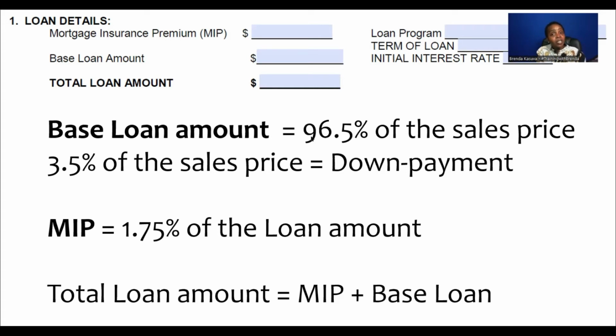That's my base loan. Once I have that base loan, I'm going to apply the MIP rate. Currently the upfront premium is 1.75%. So I'm going to do 1.75% times the loan amount, and then I'll have a number, and then I'll add the two to come up with the total loan. Again, your lenders are able to provide you with that information.